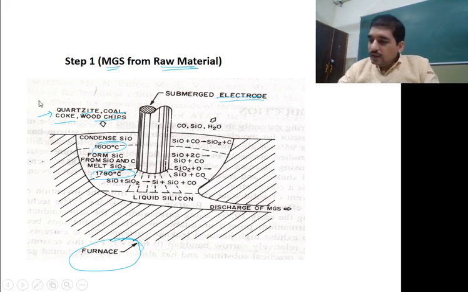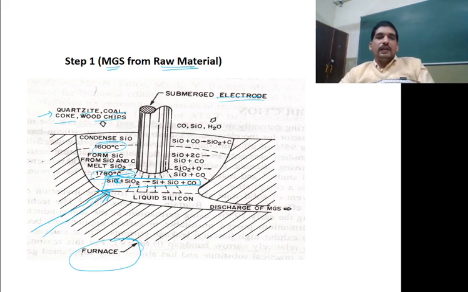So the overall reaction is written here. You can see here, this is SiC. Finally, we can say that the overall reaction is simply SiC plus SiO2 gives Si, that means the silicon which we need, and SiO and CO will again come. Then CO and SiO in gaseous form along with H2O will come out from the furnace, while other byproducts will again combine.